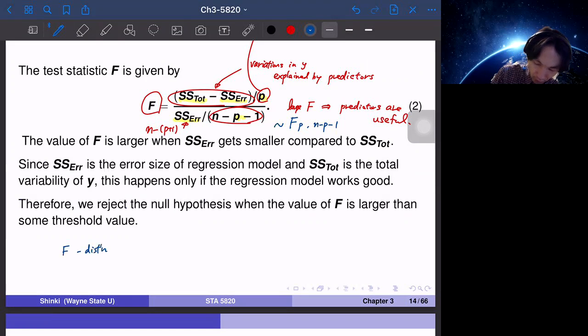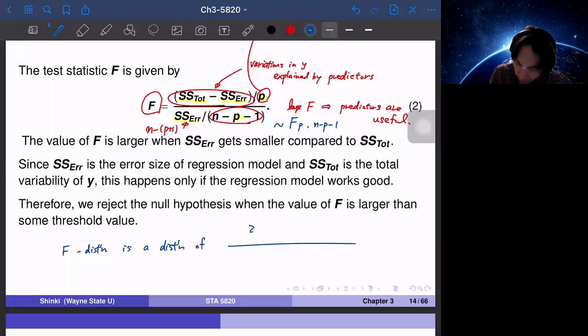Okay, so the F distribution is defined by a random variable, I would say (x1 square plus x2 square up to xp square) divided by p, over (y1 square up to yq square) divided by q.